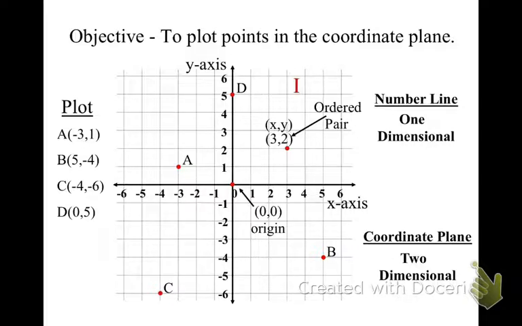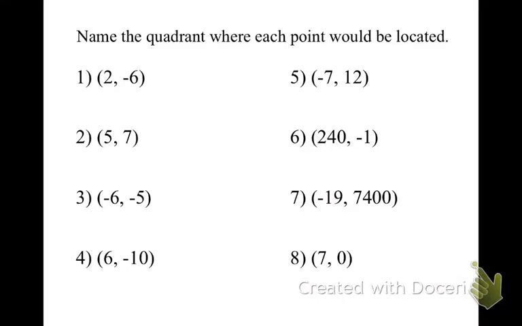Then we go counterclockwise. So quadrant 2 would be to the left, quadrant 3 would be down, and quadrant 4 would be to the right. Those are our 4 quadrants, and we use only Roman numerals to identify them.